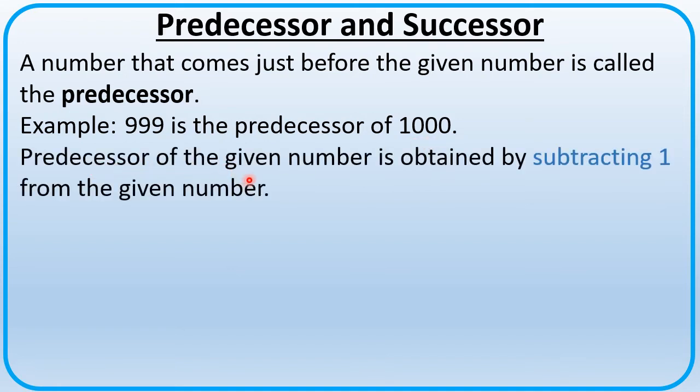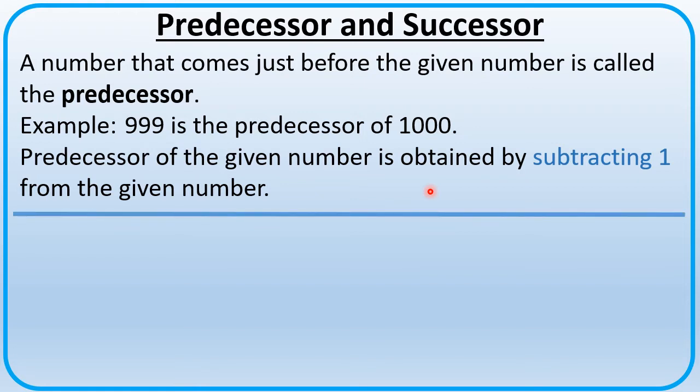Predecessor of the given number is obtained by subtracting 1 from the given number. So we can obtain predecessor of any given number by subtracting 1 from the given number. You will understand this when we take some examples on this.